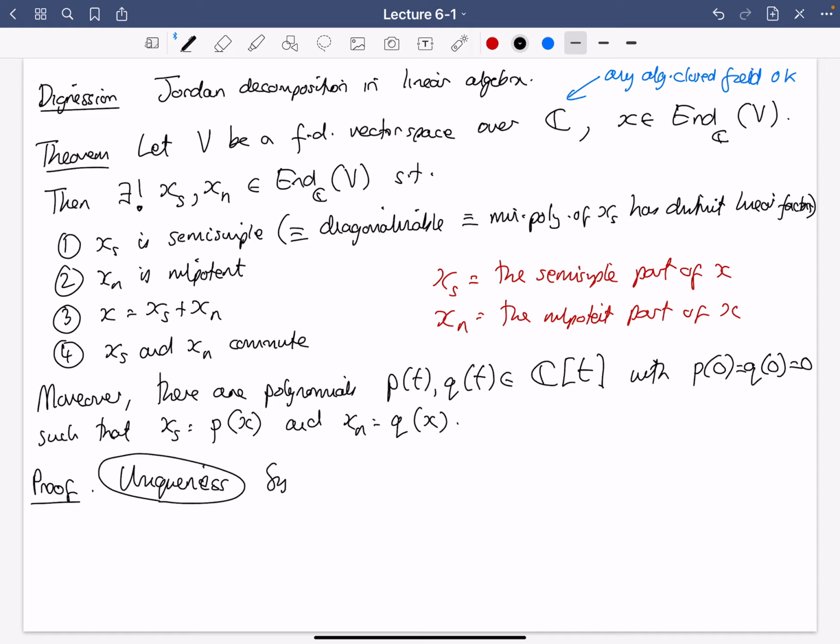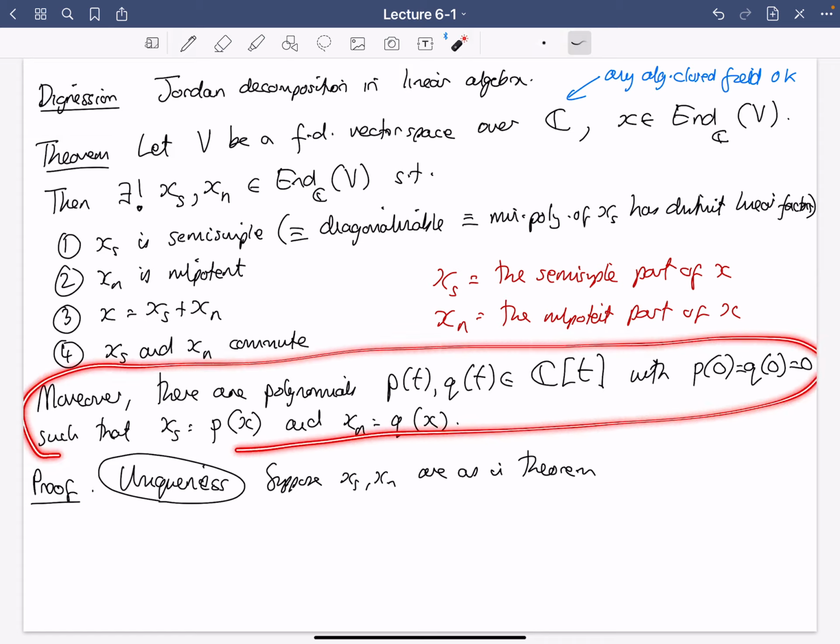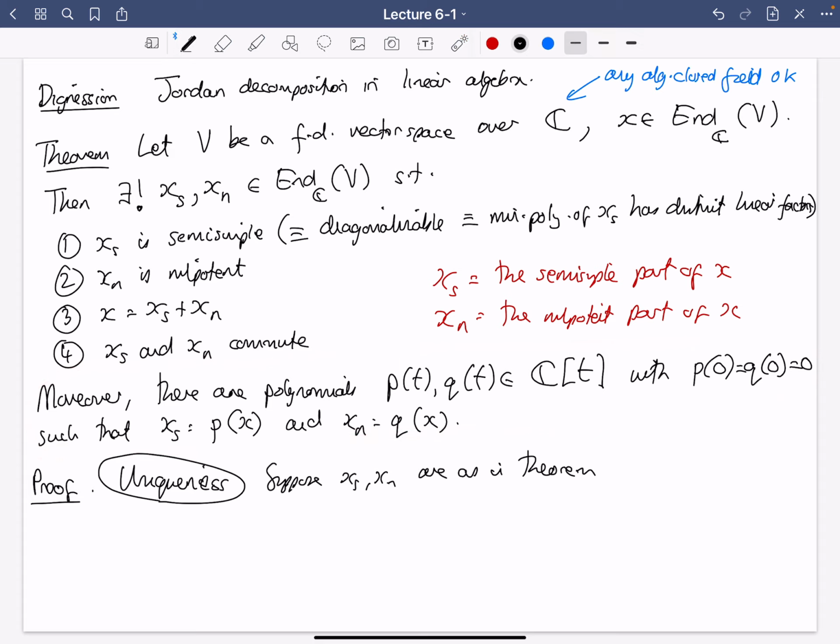So suppose xs and xn are as in the theorem, and I mean the whole theorem, including this last part. I'm going to establish that when I prove existence. And let xs prime, xn prime be more endomorphisms satisfying 1 through 4.